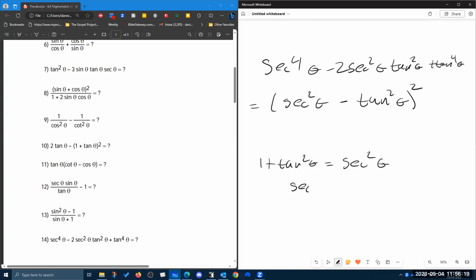So secant squared minus tangent squared is equal to 1. So this is 1 squared is 1.